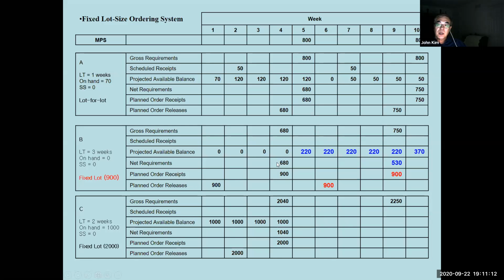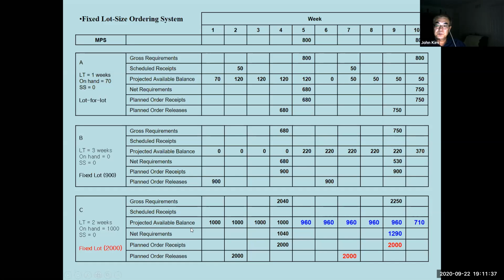Because net requirement is 680 and we receive 900, 900 minus 680, 220 carries over up to this point. Net requirement is 530, but order this many because this is an optimal order size, and then carry over the same.